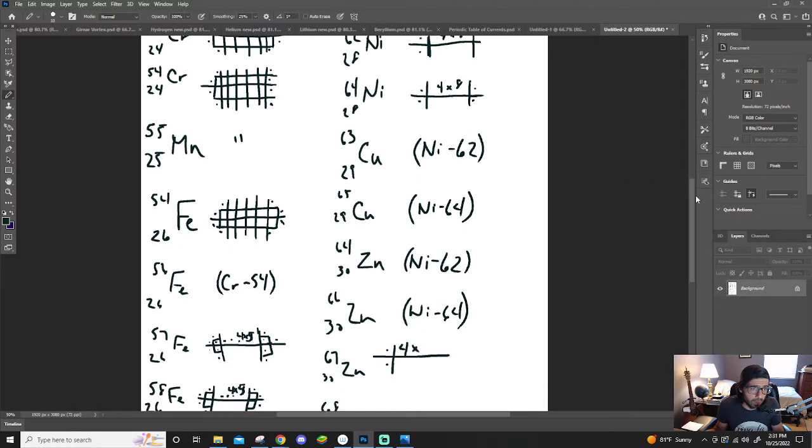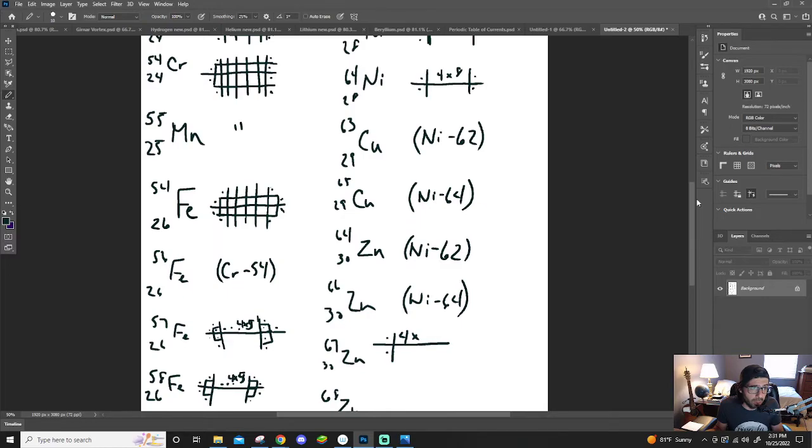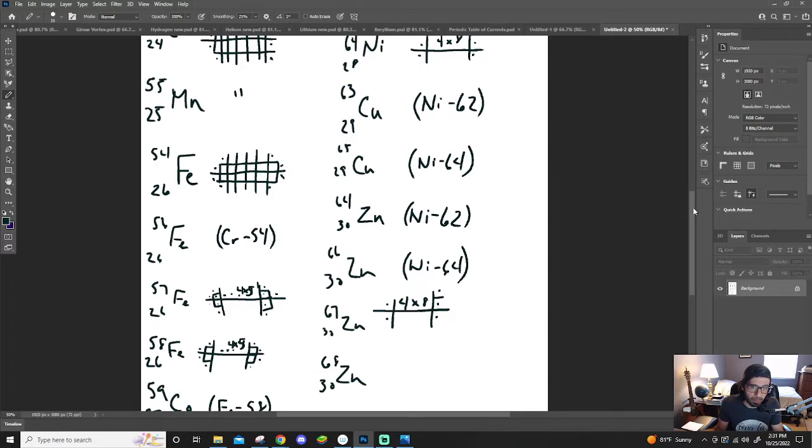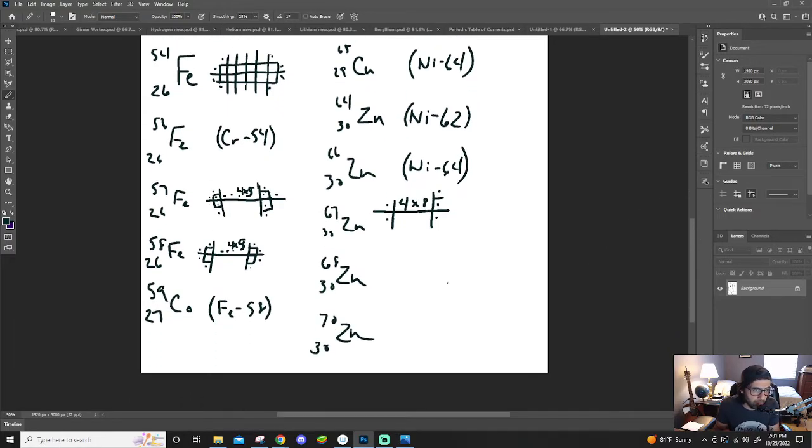Okay, so it takes that 4 by 8 and adds another neutron. 4 by 8, and then 1, 2, and this one actually is like that, to then be 4 by 9.